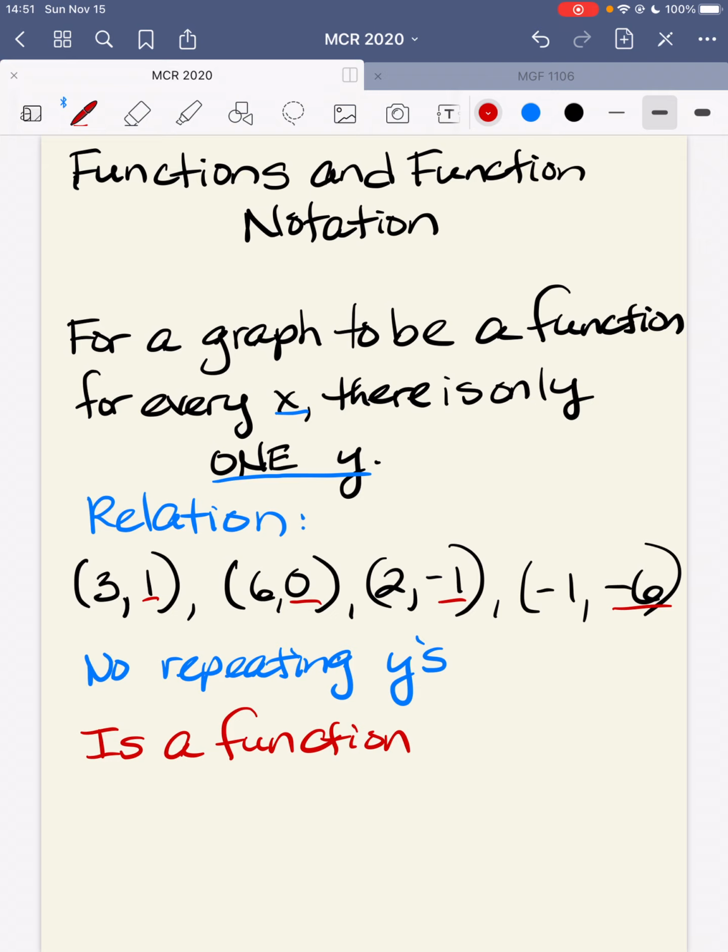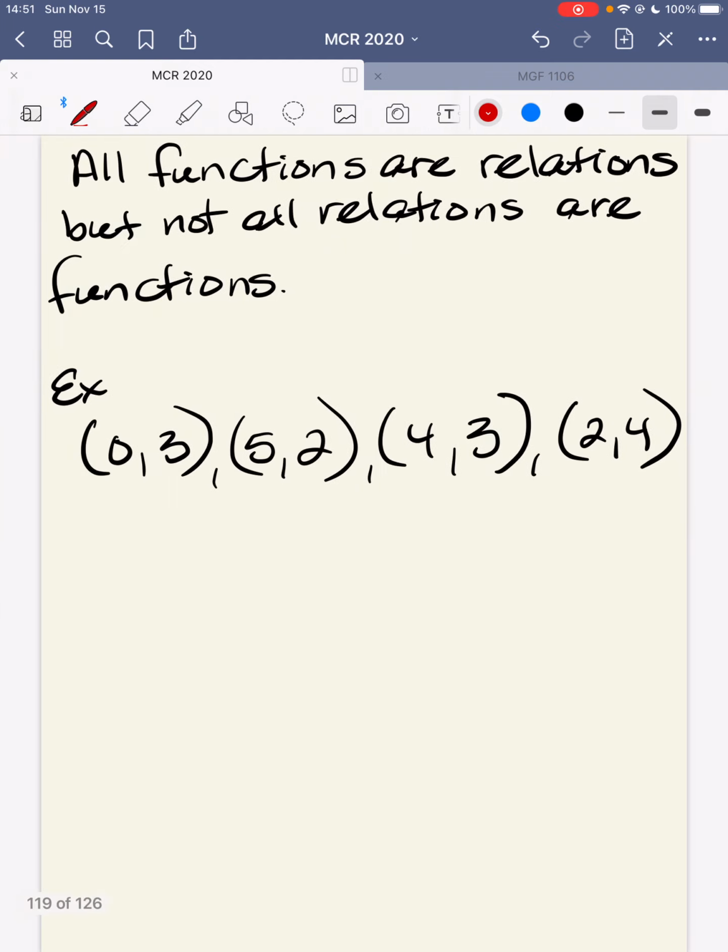So this relation also happens to be a function, and that is not always true with relations. So all functions have to be relations, but not all relations are functions. A relation is just a group of things together.